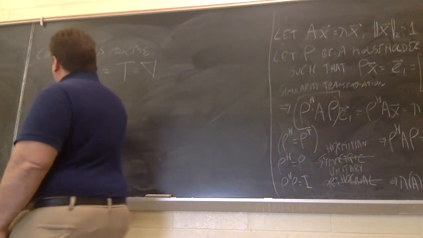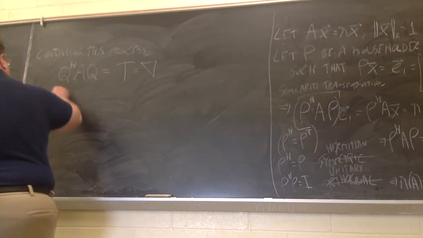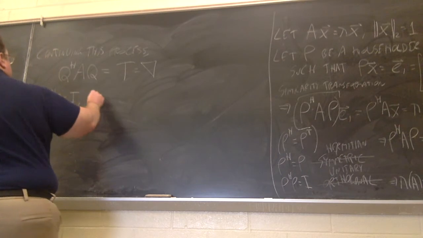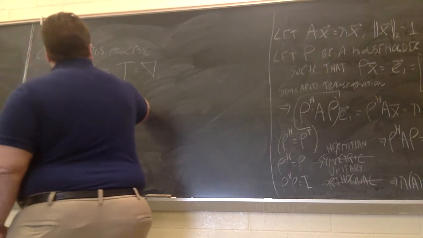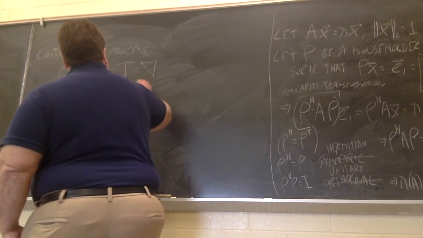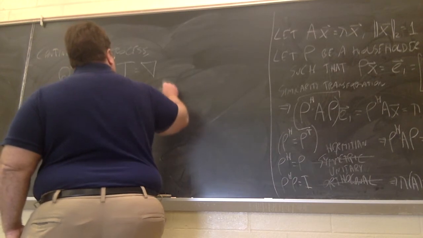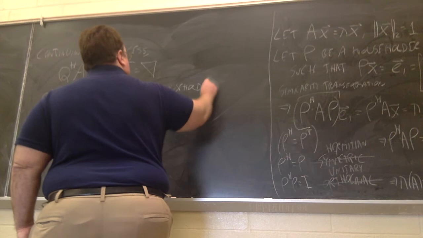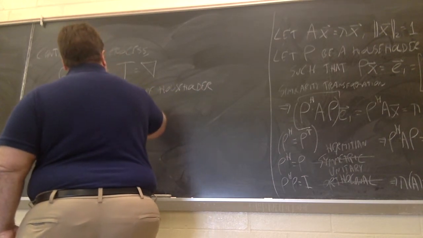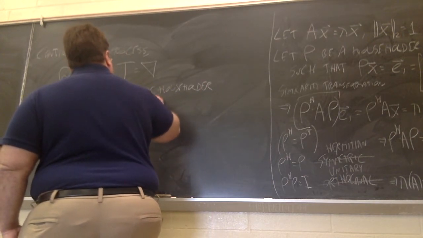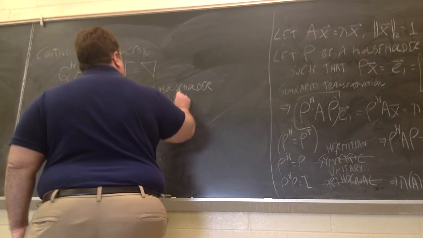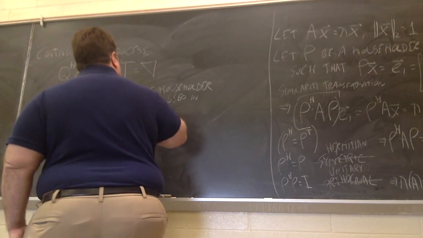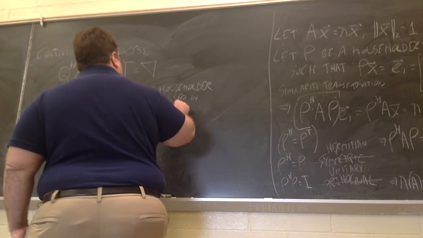So Q is equal to a product of whatever Householder reflections we needed to perform a deflation at every step of the way.